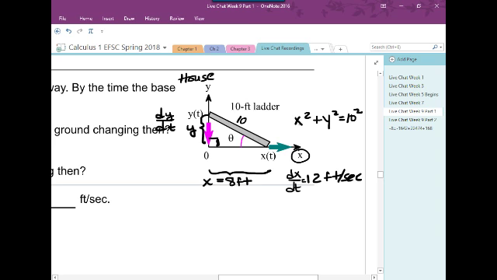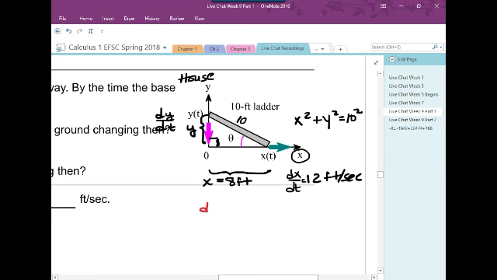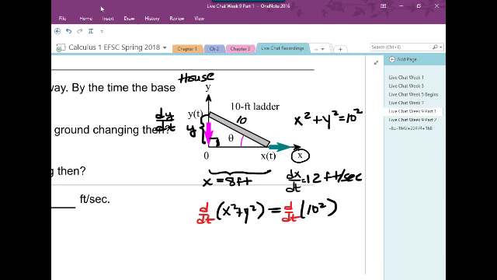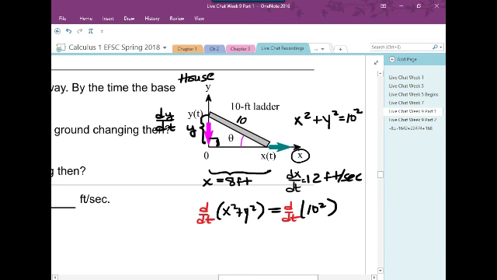So we can use that to get another relationship by taking the derivative with respect to t of both sides of that equation. So we're going to take d dt of x squared plus y squared and d dt of 10 squared, or 100. Now when you take the derivative with respect to t of something with an x, you have to compensate for the fact that that wasn't a t.